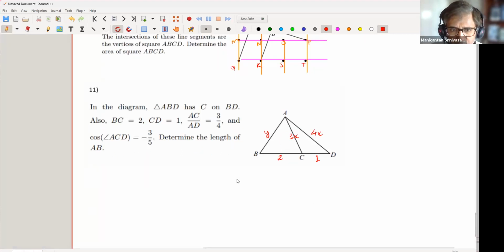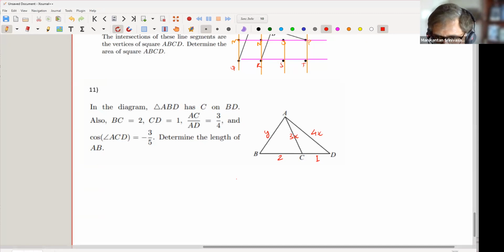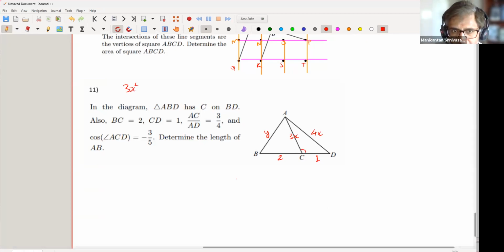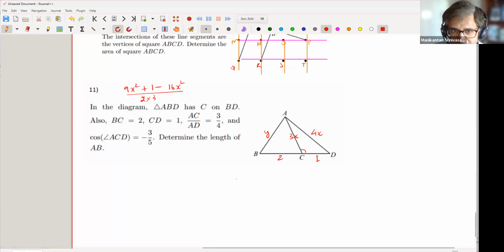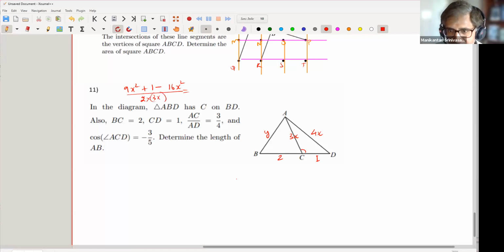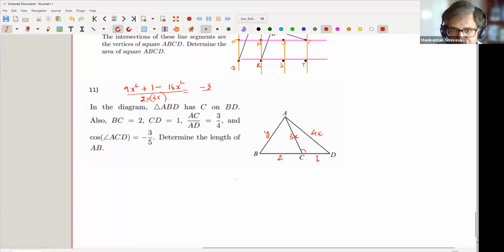Since cos of this angle is given, obviously it's a cosine rule application. So 3x squared plus 1 square minus 4x whole square, that is 9x squared plus 1 minus 16x squared, upon 2 into 3x into AB, equals cos of that angle, which is -3/5.